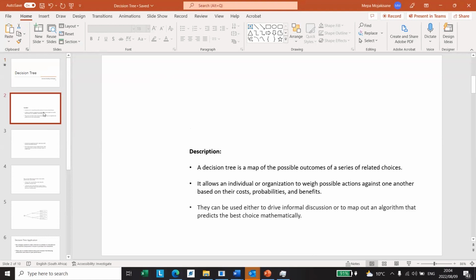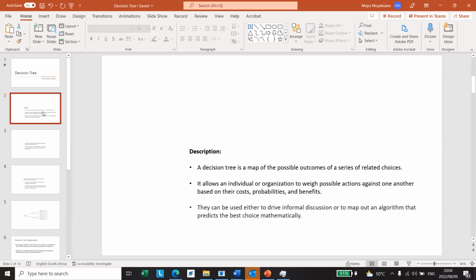I did a bit of work on the decision tree. A decision tree is a map of possible outcomes of related choices. It allows an individual or organization to weigh possible actions against one another based on cost, probabilities, and benefits. They can be used either to drive informal discussion or to map out an algorithm that predicts the best choice mathematically.